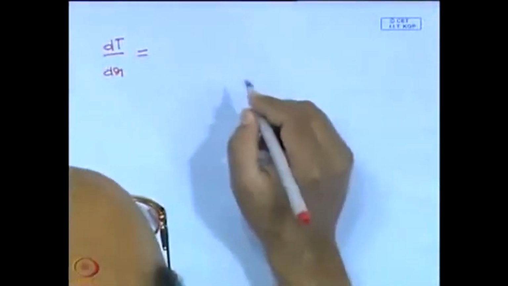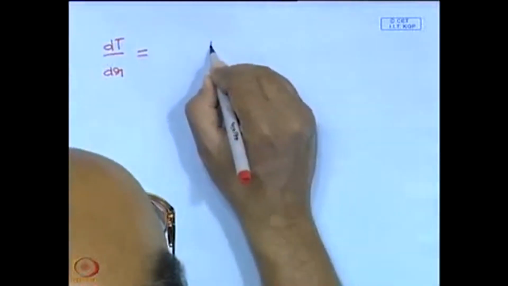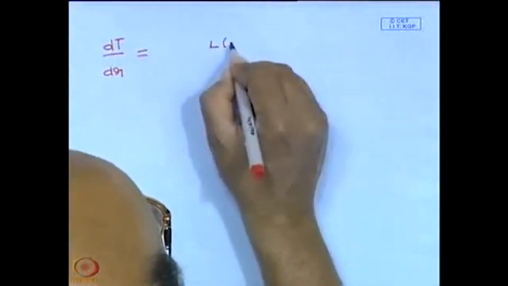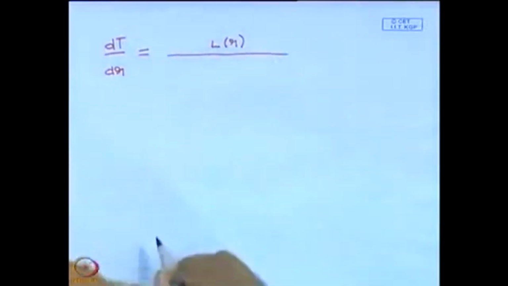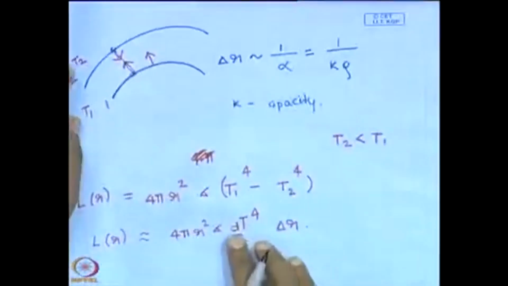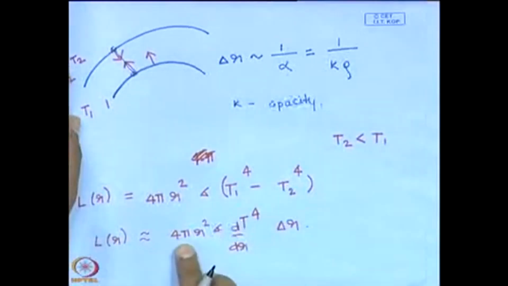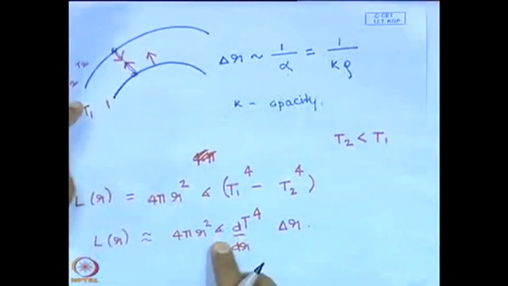So this will be equal to the luminosity at that point divided by, I will get a factor of 4 when I differentiate this. So I will have 16 pi r square, the Stefan-Boltzmann constant T cube.